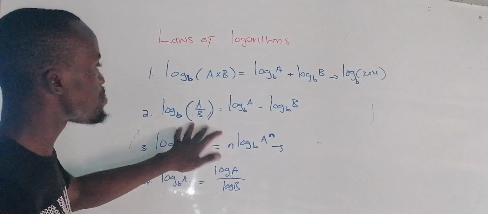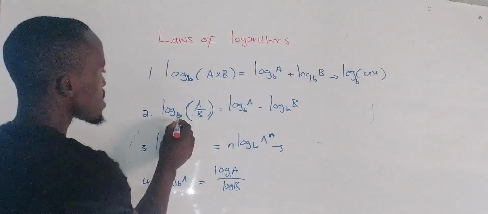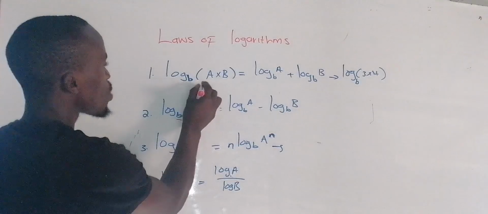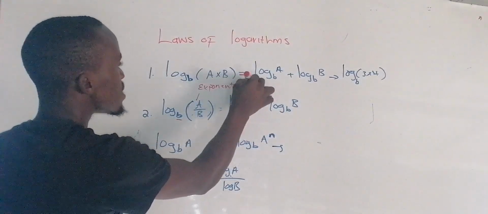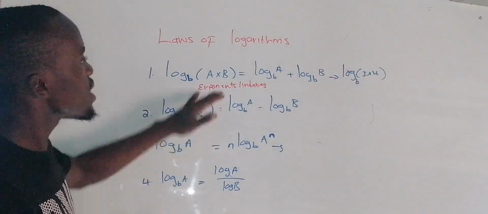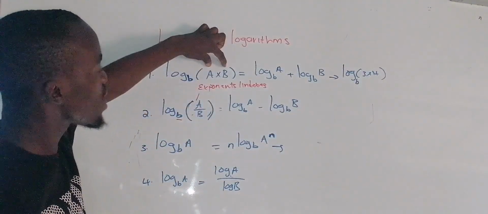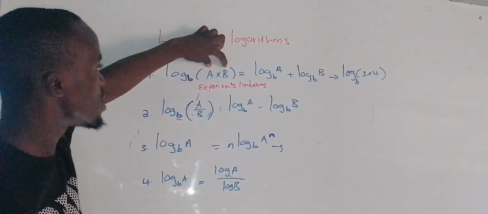We come to this one. We can see that this is a base. Then these are known as exponents or indexes. Now, on that first one, we saw that the exponents were multiplied to each other.